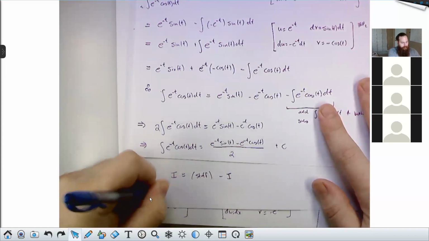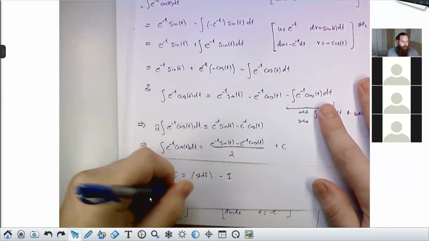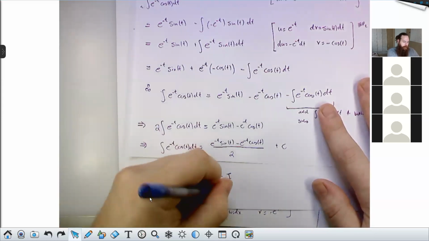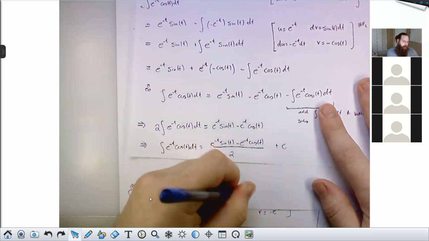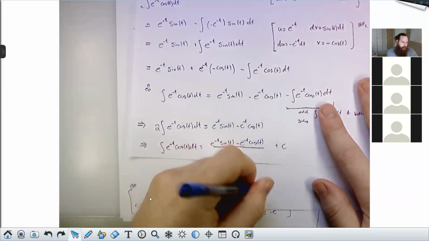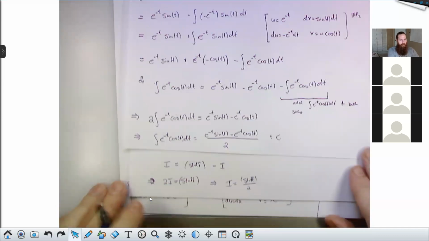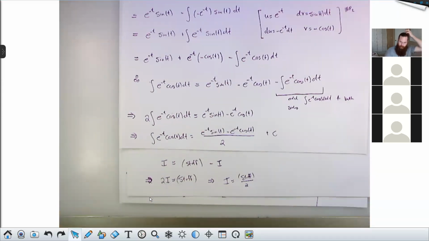So this implies that 2I is equal to that stuff, which implies that I is equal to that stuff over 2. It is a little bit trickier with a definite integral, yes, but not much trickier.